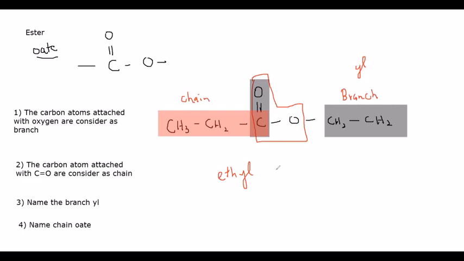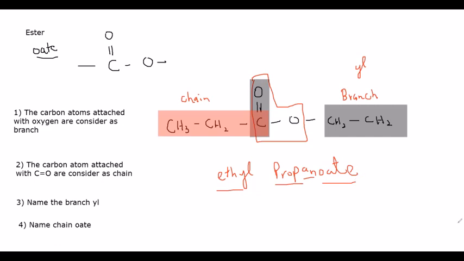For three carbons, what prefix do we use? Prop. What is the bond between the carbon atoms? Single, so it's an. And because of this group, C double bonded with O and O, it is oate. So the name of this compound is ethyl propanoate.